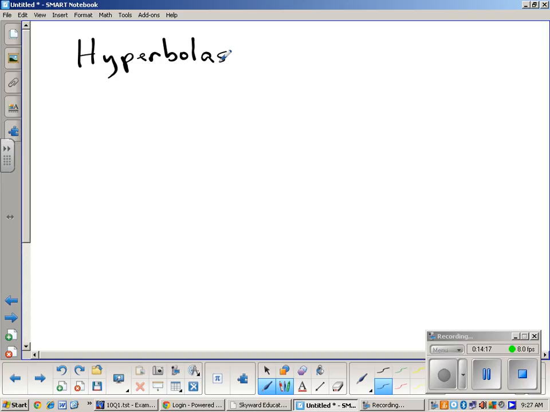So hyperbolas, their models look much the same as the ellipse. What's the difference? I'm subtracting the two terms instead of adding the two terms.